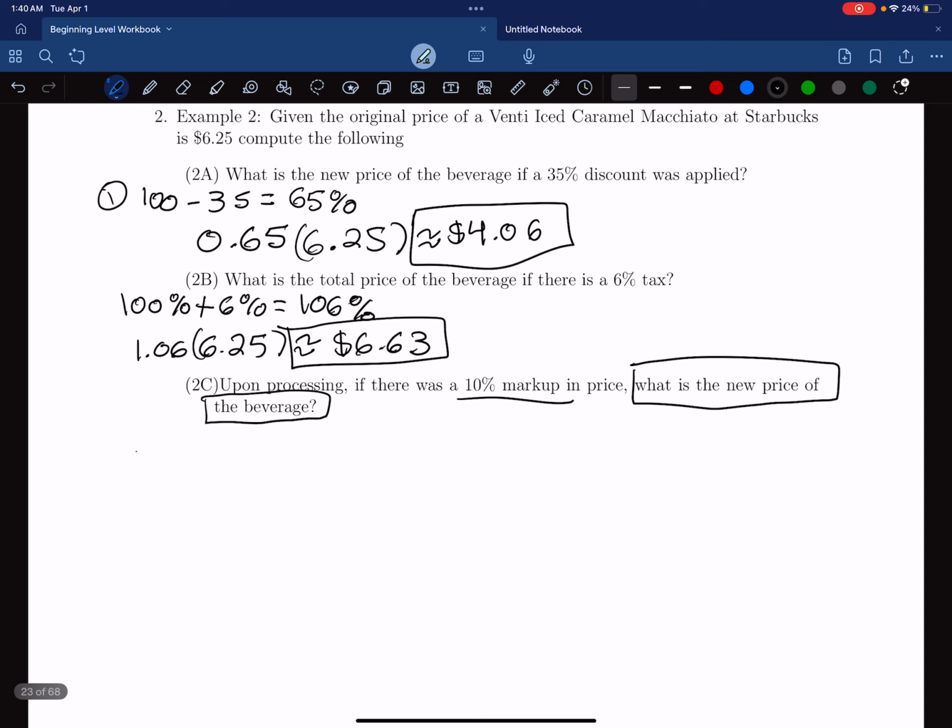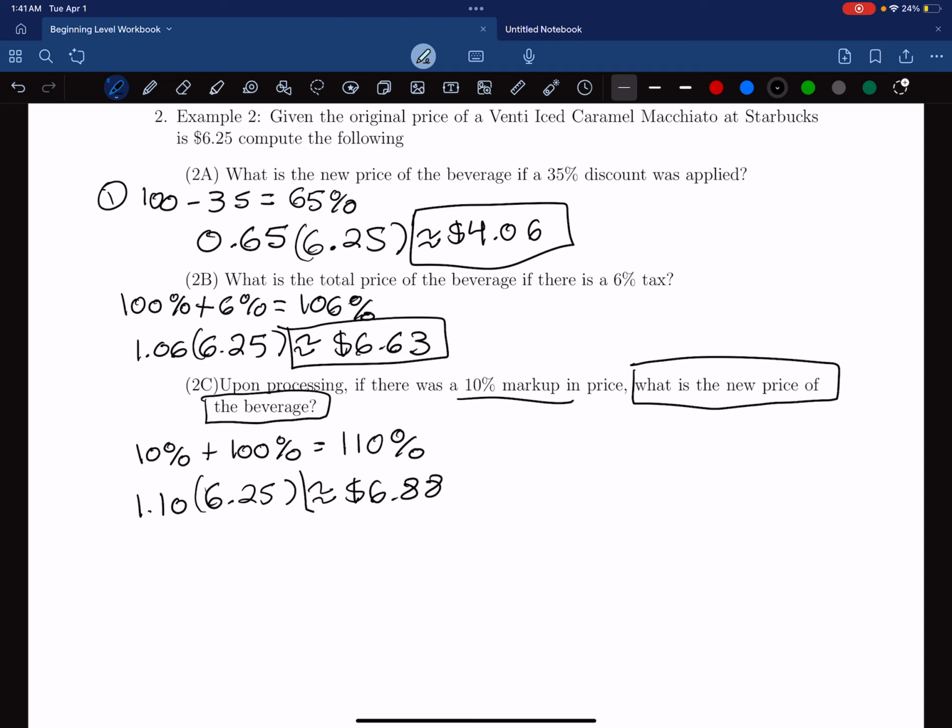So we're going to do 10%, and we're going to add 100, which is 110%. And now to convert that into a decimal form, that's going to be 1.10. And then we're going to multiply that by the original price of the drink, which is $6.25. And that is going to be approximately $6.88. That was your answer.